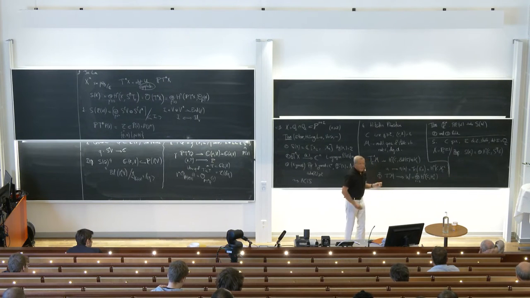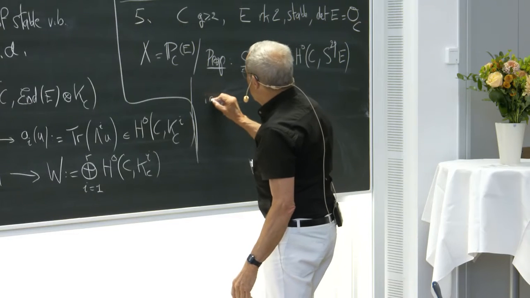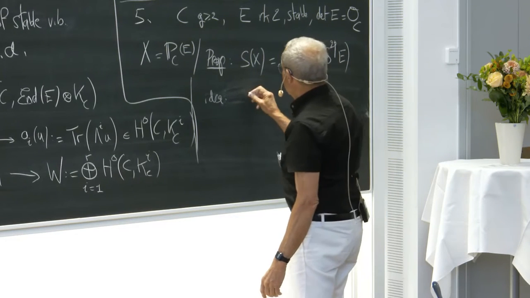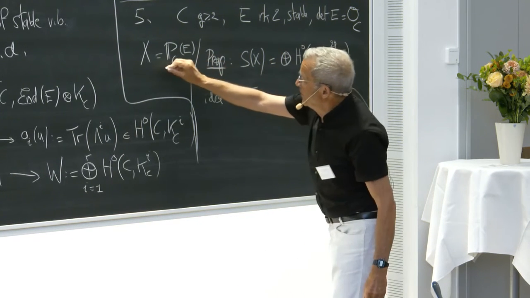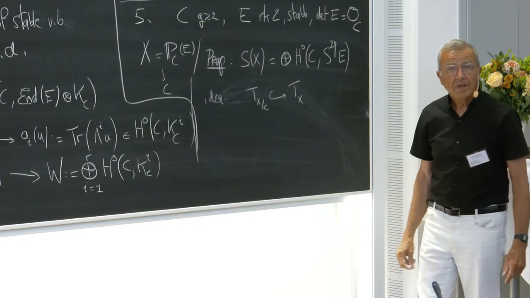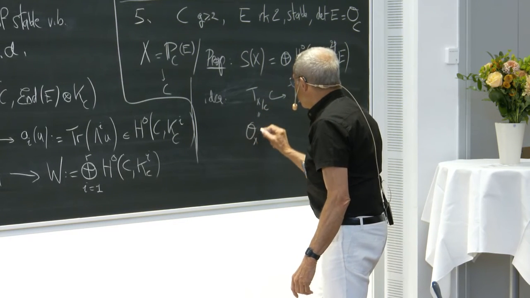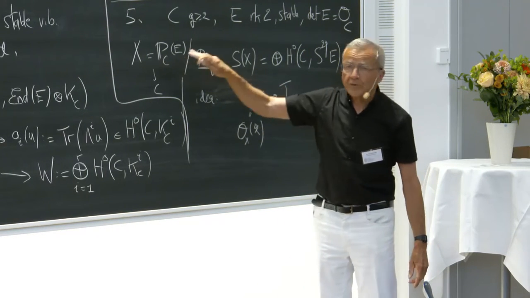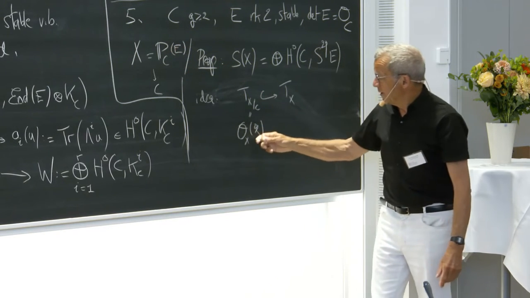See, actually, the proof is not very difficult. Let me just give the idea. We have the relative tangent bundle here, which embeds into T_X. But this relative tangent bundle is just O_X(2). I mean, O(1) is the tautological line bundle on this projective bundle, and I just take its square.